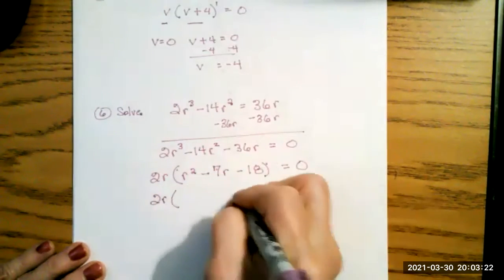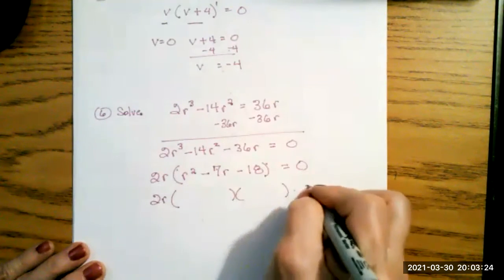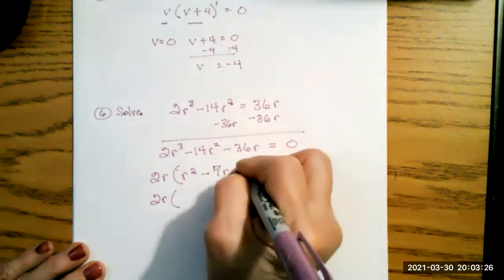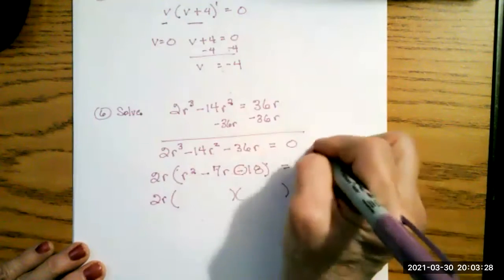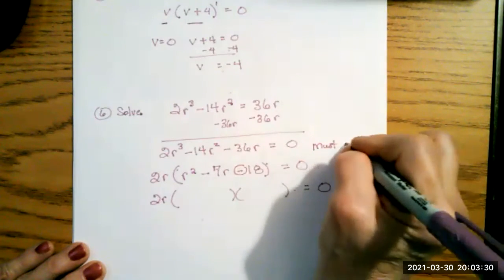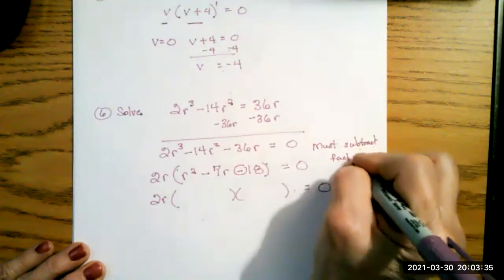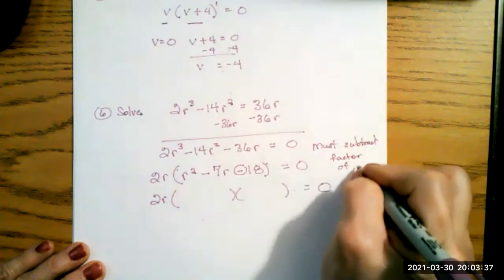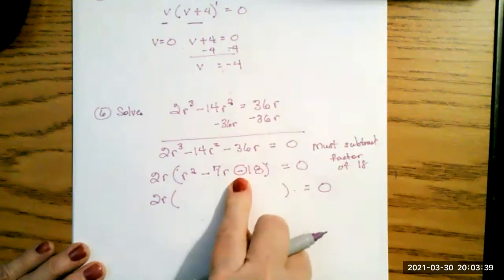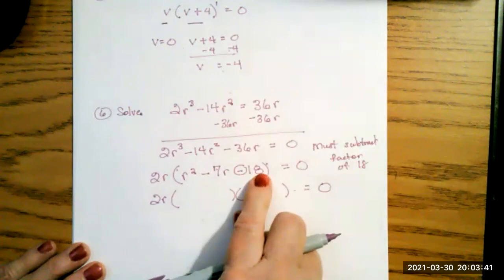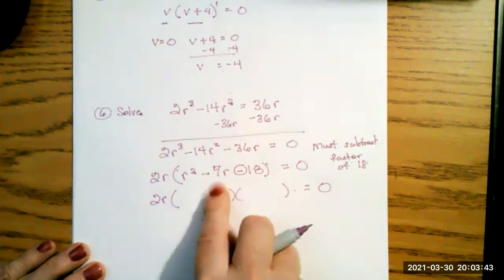I don't have to do anything but make my two little parentheses here, but I do have to follow my rules. I must subtract factors of 18. The minus tells me I must subtract factors of 18 to get 7.